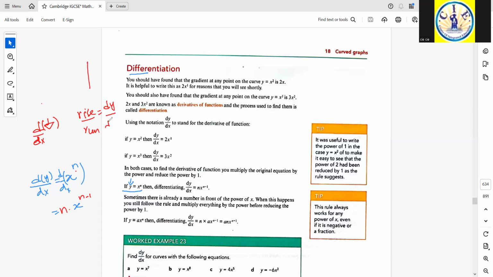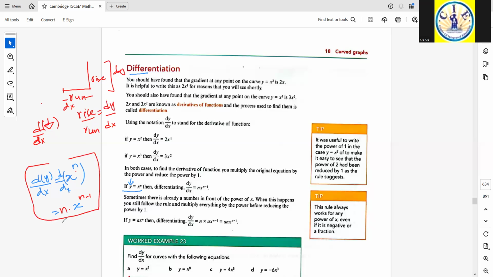For run, we write dx, for change in x, that is the run, and this is the rise. This is dy, and this is dx. Okay, this was one of the rules.